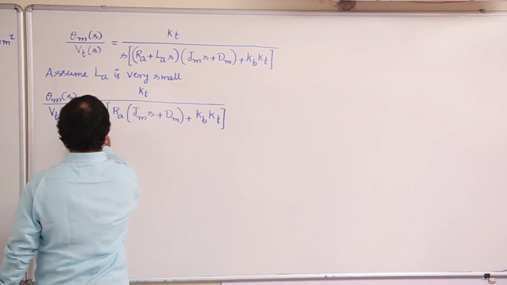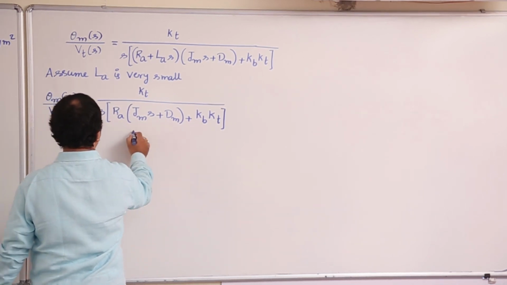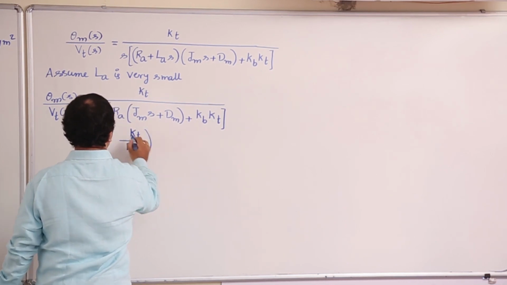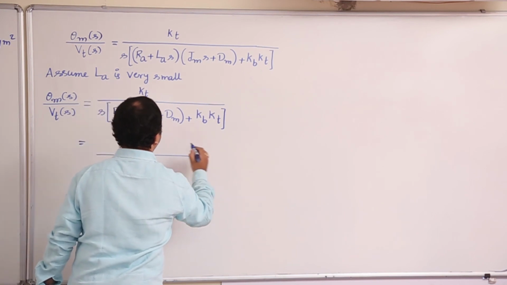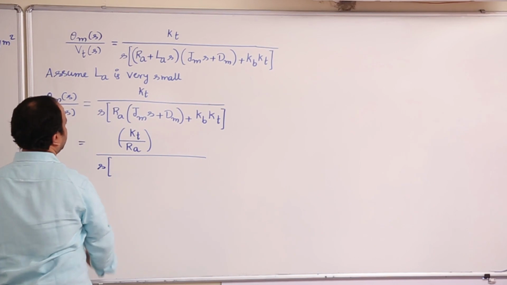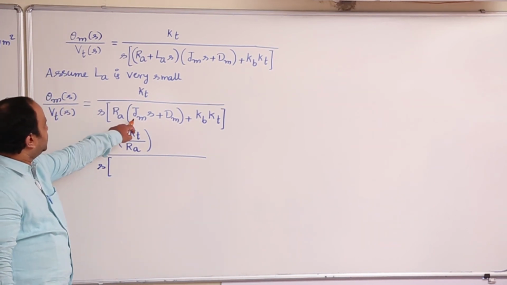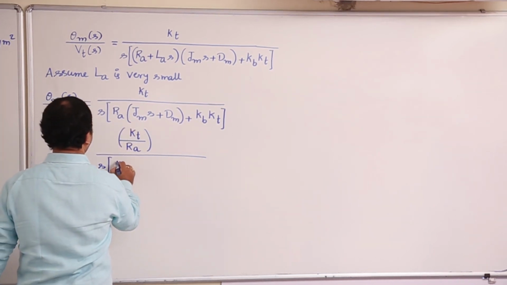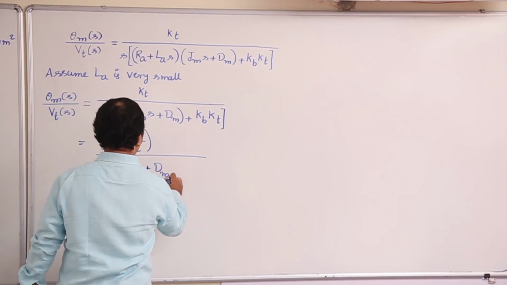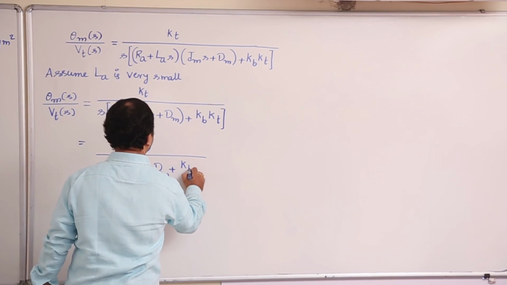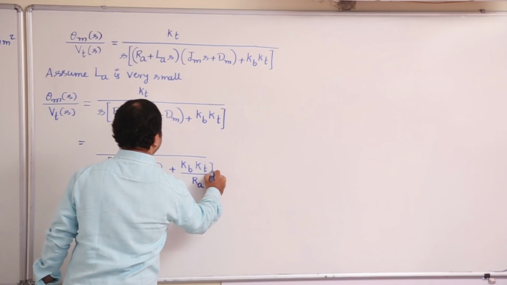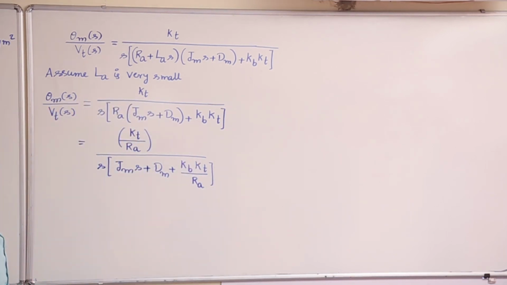Suppose if I take denominator Ra outside, then we can write numerator Kt by Ra divided by S multiplied with now here Jm into S plus Dm plus Kb Kt divided by Ra.